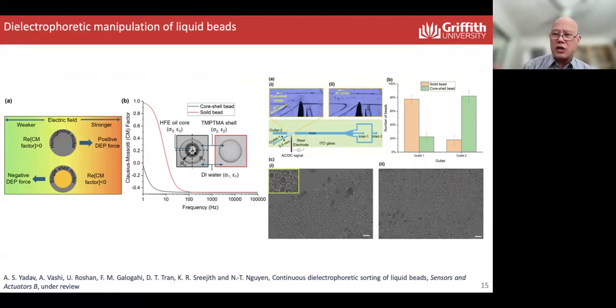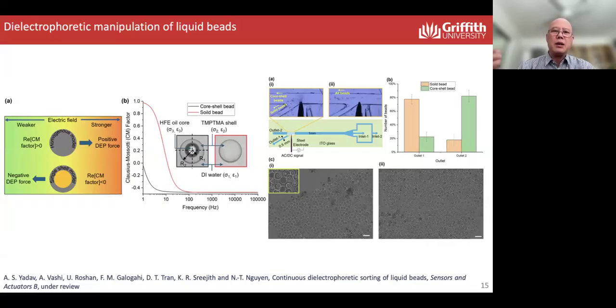Because the core and the shell have different permittivities, dielectrophoretic properties. Now, if you have bits with different core and shell geometry, they respond to an electric field differently. And using this difference, we can also sort out bits with various geometry.